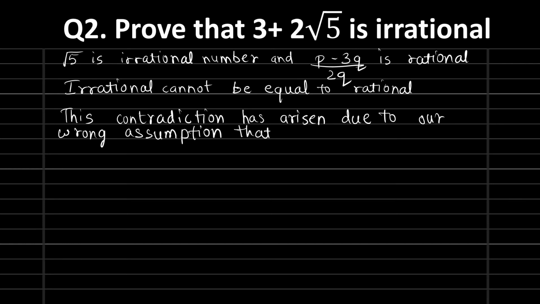So, our wrong assumption was that 3 plus 2 root 5 is a rational number. Now, if this assumption is wrong, then what is the right thing? Definitely, it implies that the right thing would be that 3 plus 2 root 5 is an irrational number.